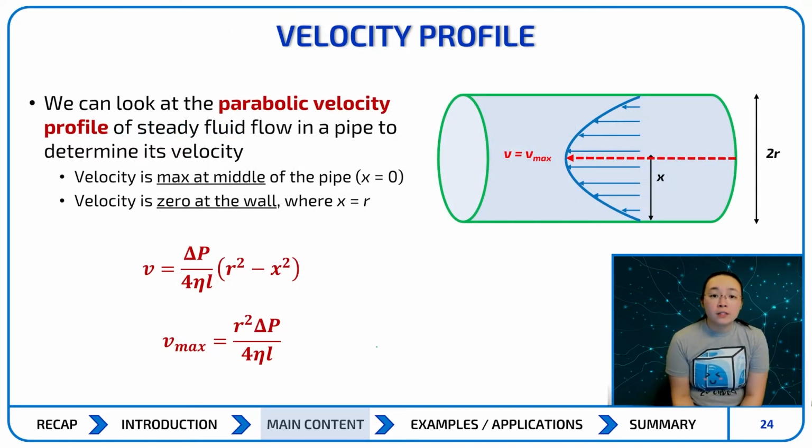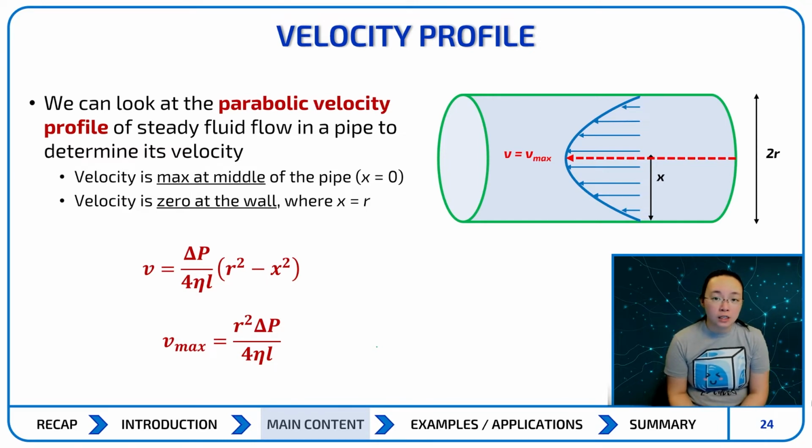Looking at the velocity profile in a little bit more detail, we call this a parabolic velocity profile. This means that there's steady fluid flow in a pipe to determine its velocity. As we discussed before, the velocity is maximum at the middle, and it's going to be 0 at the wall.